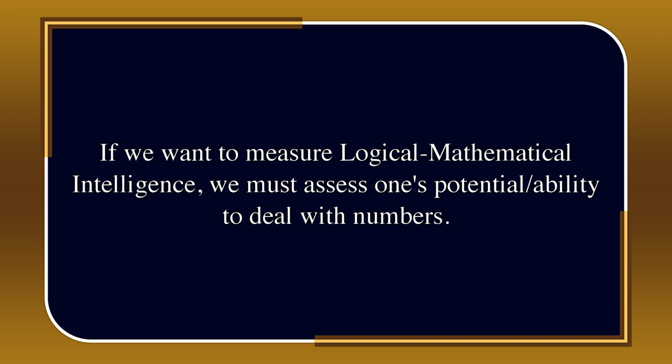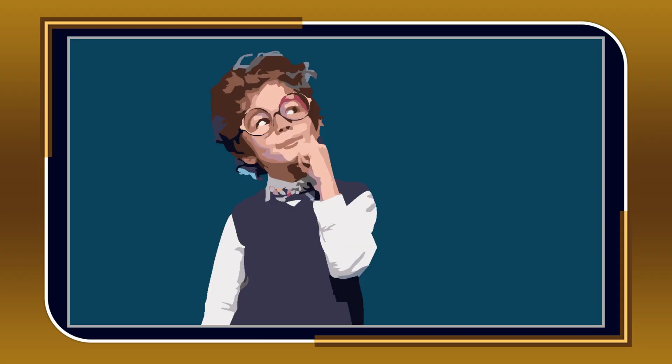If we want to measure logical mathematical intelligence, we must assess one's potential ability to deal with numbers. There could be numerous techniques to assess existential intelligence. However, if we could evaluate people's ability to think about large questions, the result could point to an individual's level of existential intelligence. The nature of such great issues is now critical.